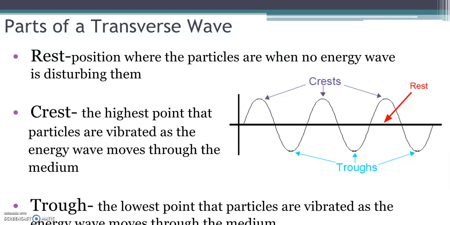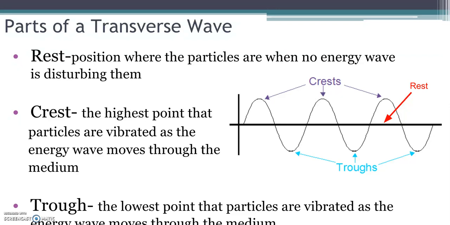And I have a feeling that this might be cut off, so I'm going to read this. It says the lowest point that particles are vibrated as the energy wave moves through the medium. And so this is pointing to 3 different areas where that would be the lowest point that particles can move as the energy wave moves through.